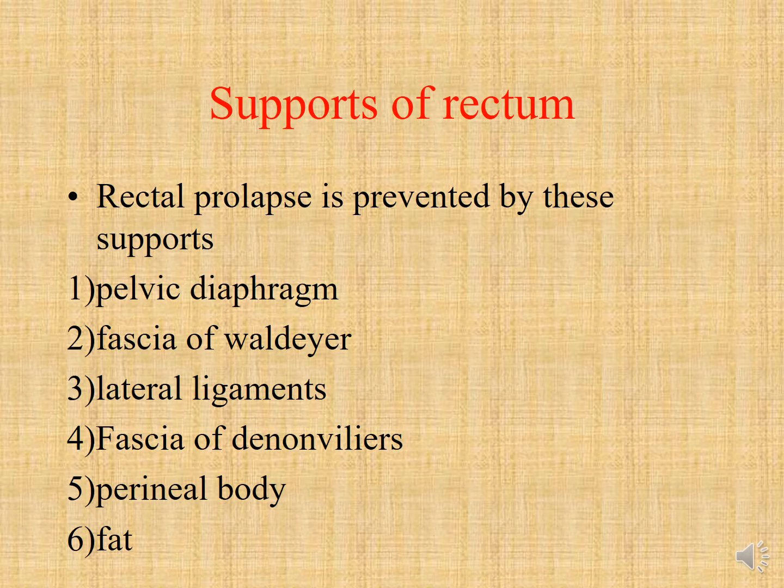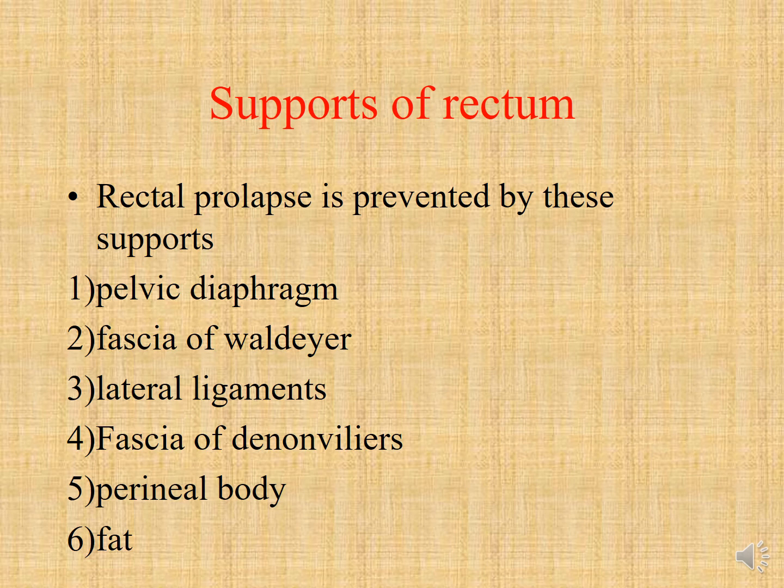Now there is a condition known as rectal prolapse, in which there is a protrusion of the rectum through the anus, and this is prevented by certain supports of the rectum, which are the pelvic diaphragm, which is nothing but the levator ani and the coccygeus muscle, then the fascia of Waldeyer, which is a connective tissue behind the rectum, and the lateral ligaments of the rectum, the fascia of Denonvilliers, then the reflection of the pelvic fascia, which is also providing support to the rectum, and the perineal body and fat.